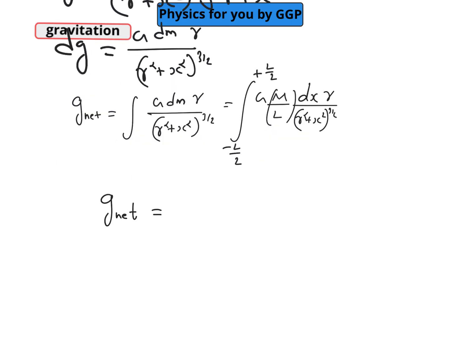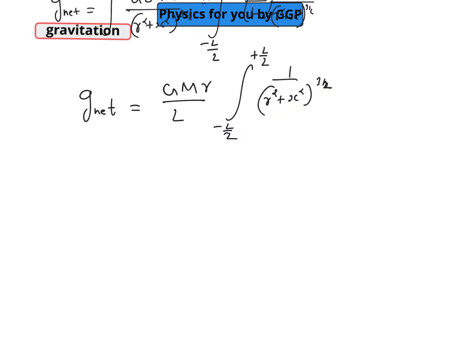So the net gravitational field will be equal to GM r divided by L into the integration of 1 divided by r square plus x square raised to 3 by 2, and the limit is from minus L by 2 to plus L by 2.